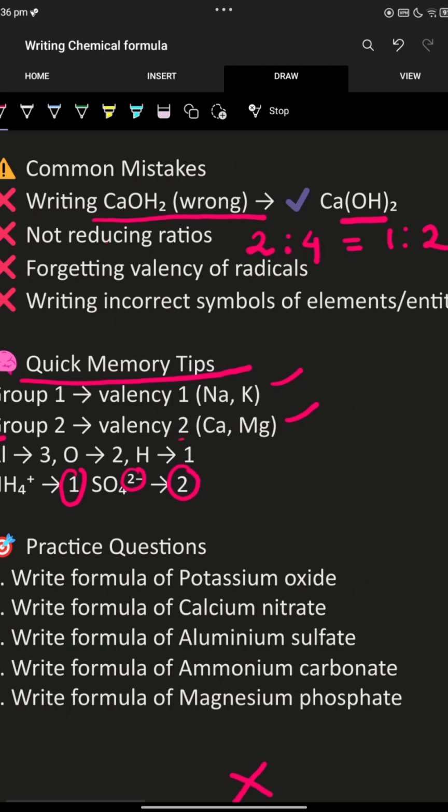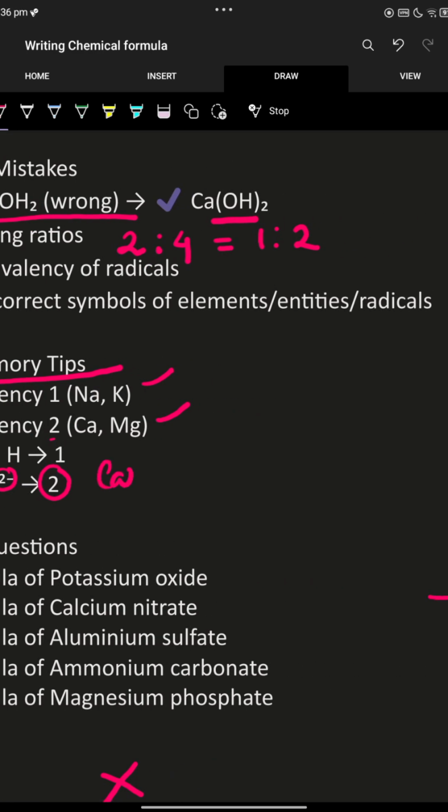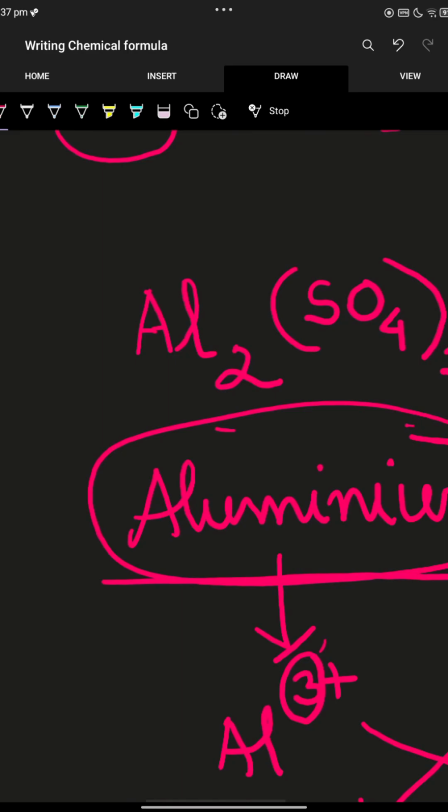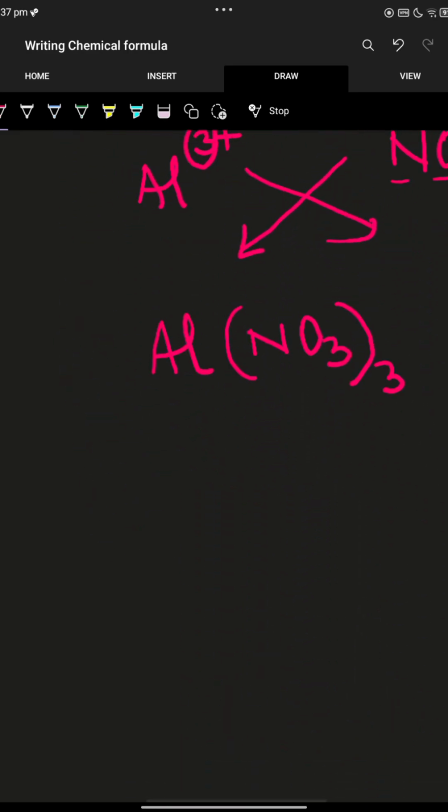Now, say carbonate. Carbonate is a counter ion. Carbonate means CO3 2 minus. So what is the valency? Valency is 2 because this is 2. Suppose I say sodium carbonate. Let me show you sodium carbonate.